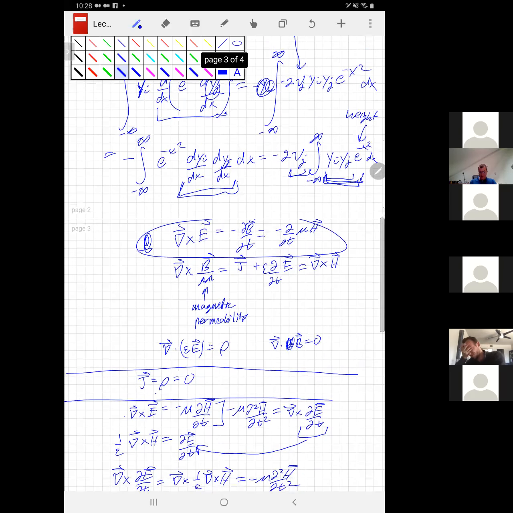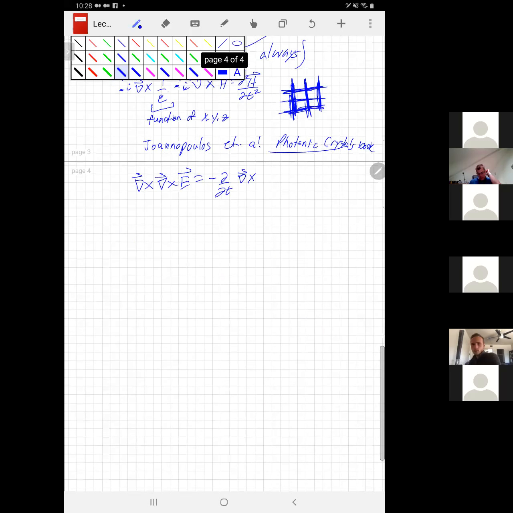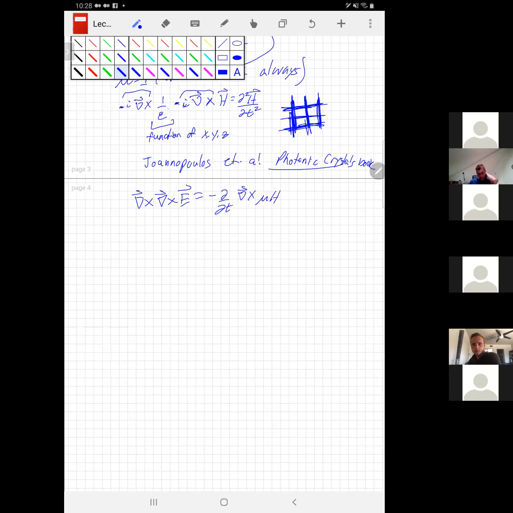And that would give you minus d by dt of the curl of mu h, and the curl of h is j, which we're assuming to be 0, plus epsilon times the derivative of E.